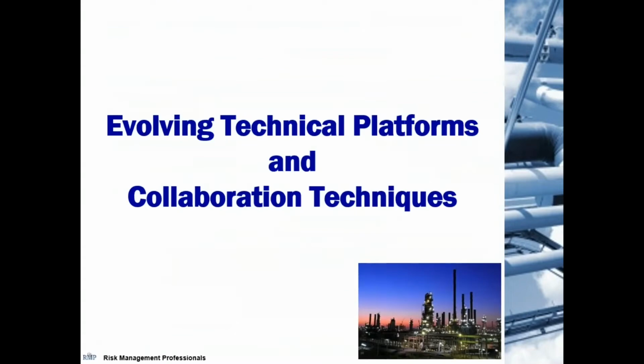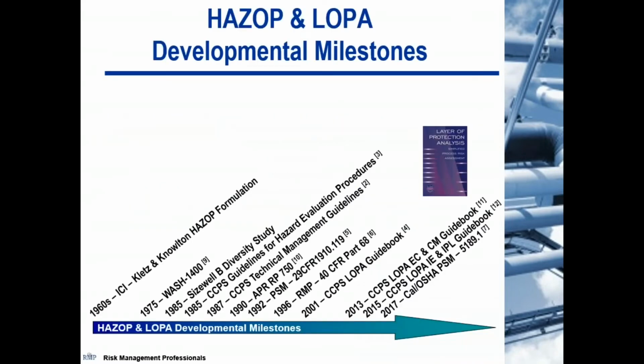So let's talk a little bit about the evolution of the different technical platforms and collaboration techniques. Next. This particular timeline shows a lot of the development of HAZOP specifically, and later in the 2000s, layer of protection analysis. It's interesting looking at this because this core technique of a HAZOP has been around for over 40 years.